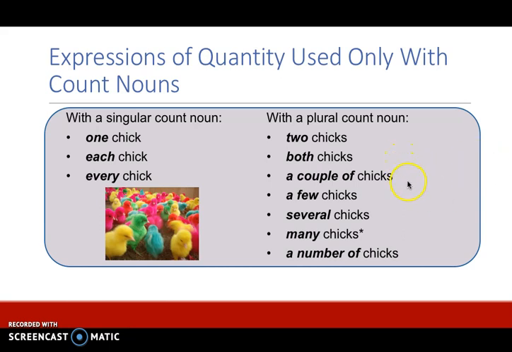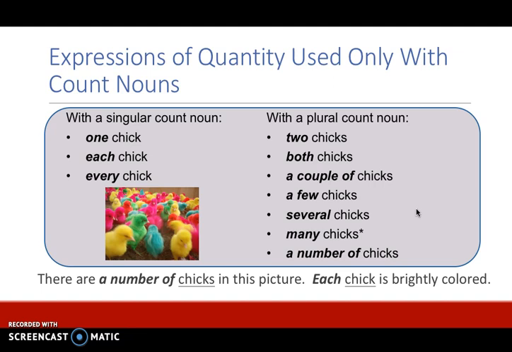So both and a couple of both refer to two of something. A few and several refer to at least three or four, more than two of something. And many and a number of refer to a large number of something.